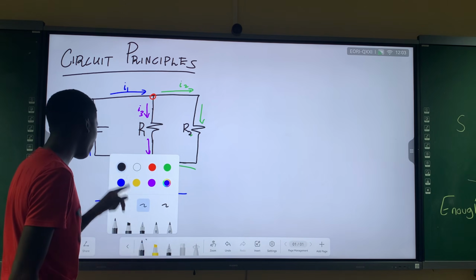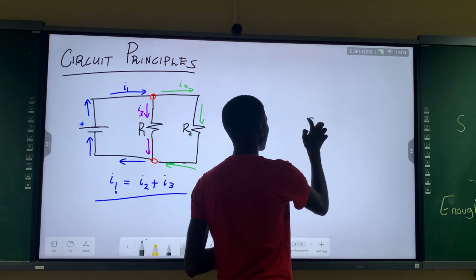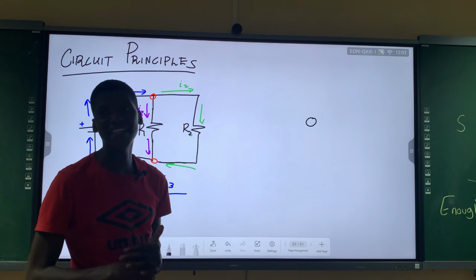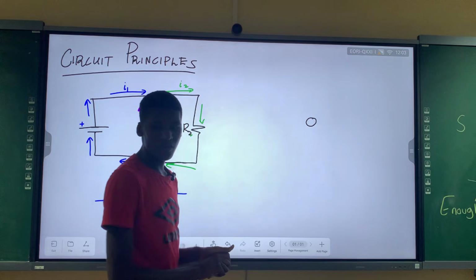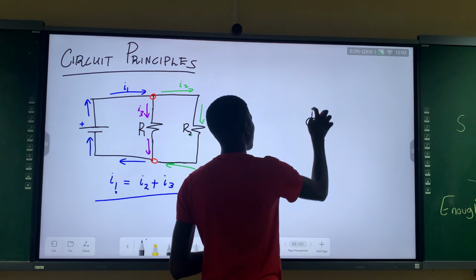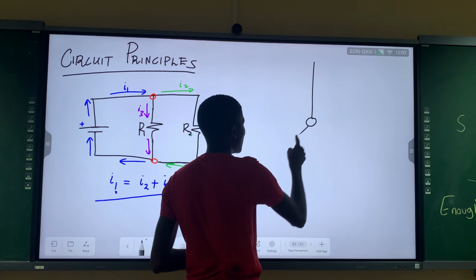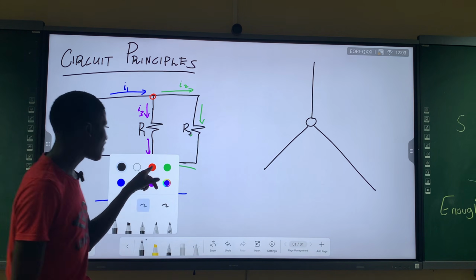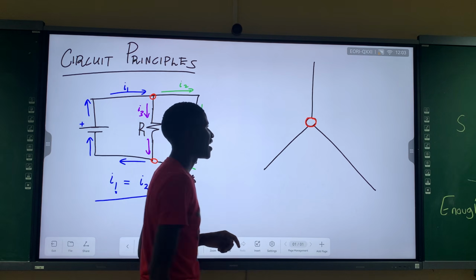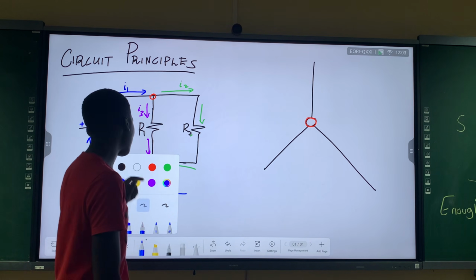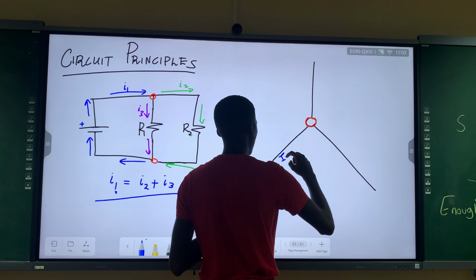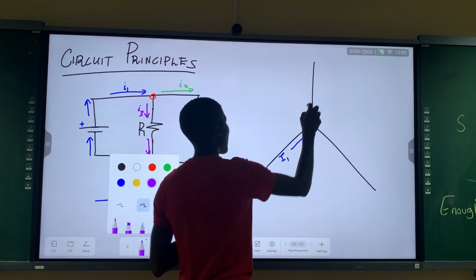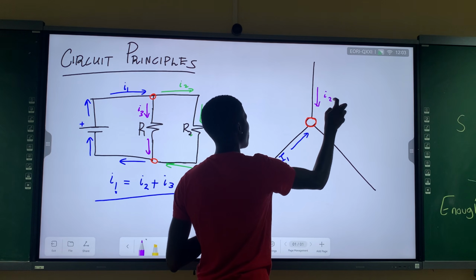When you're talking about a node, it is a terminal that combines three or more different parts. Using a circuit diagram as an example, say we have a node with a wire coming from this direction, another from this direction, and another from this direction. Let's assume we have a current I1 flowing in this direction and a current I2 flowing in this direction.